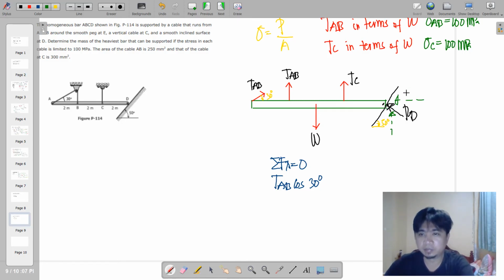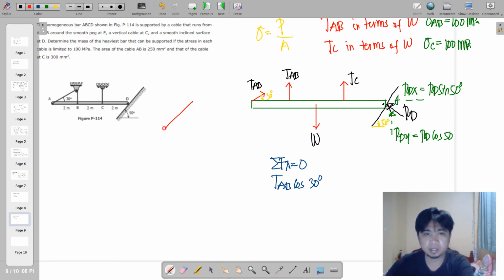RDX is actually leftwards. And then upwards RDY. And then RDX is RD sine of 50. And RDY is RD cosine 50. So the basis on that is 50 here.